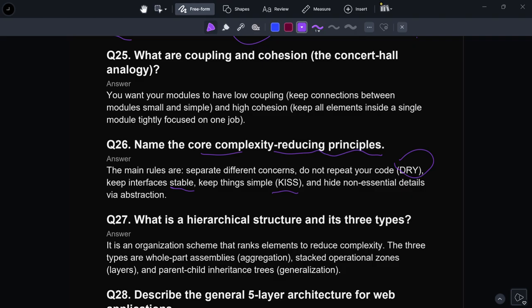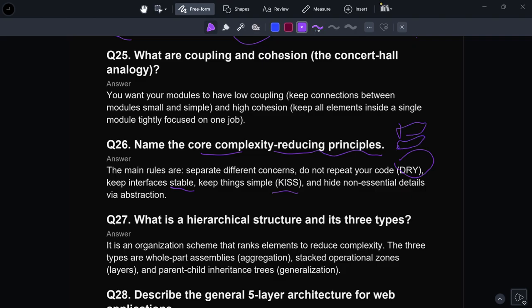Split a program into distinct sections where each section addresses a completely separate business feature or logic, keeping the user interface rendering code completely isolated from database connection logic. What it avoids is massive tangled files that try to manage everything simultaneously. So this is separation of concerns, keeping things separate.